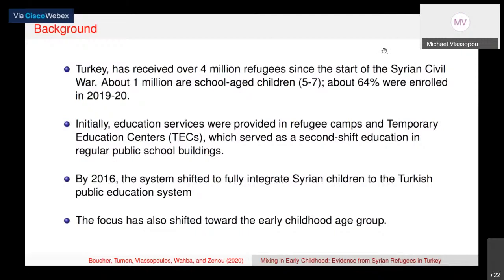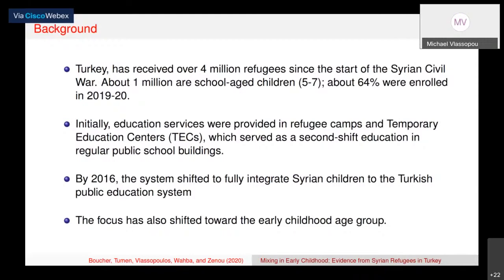It's relevant to mention the background in terms of the educational services offered to refugees, which has gone through various phases as the crisis has unfolded.